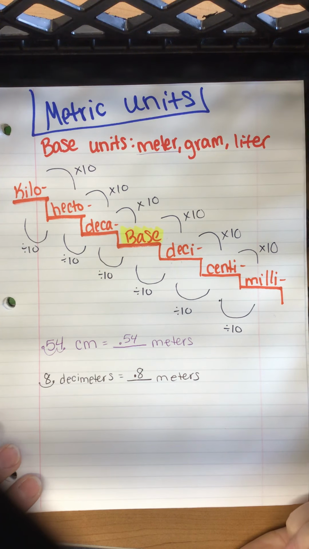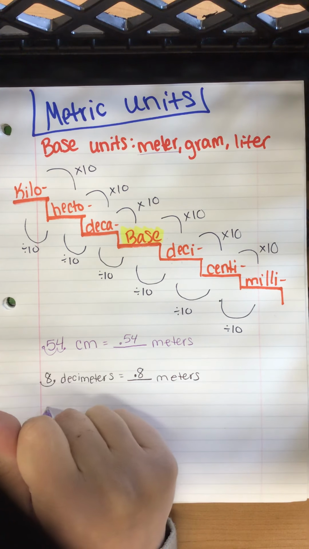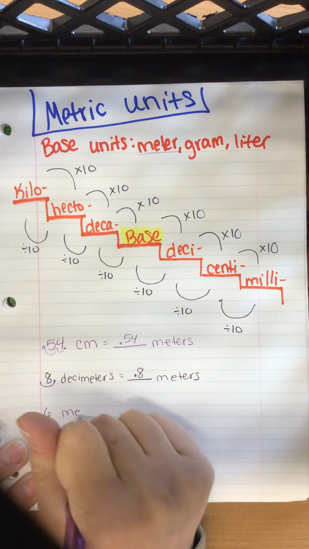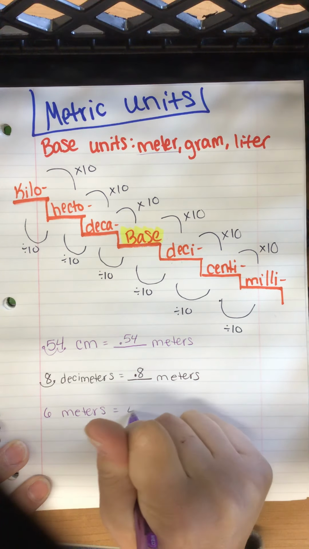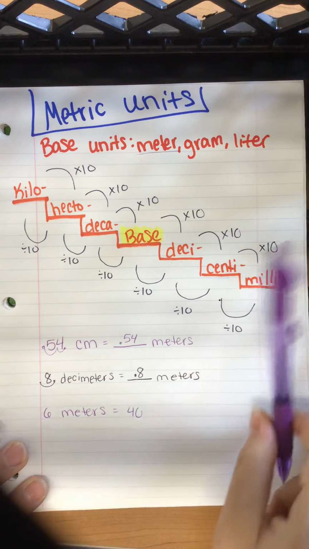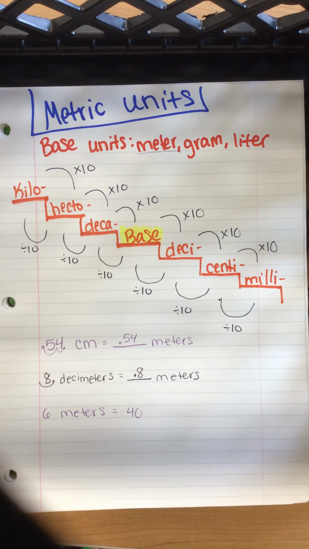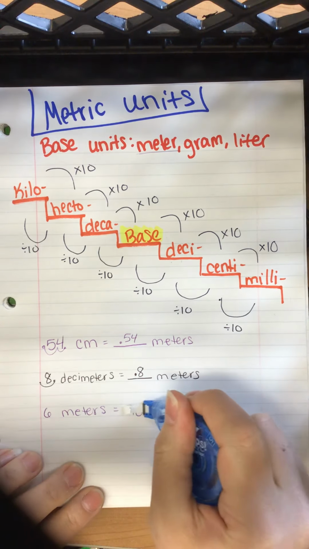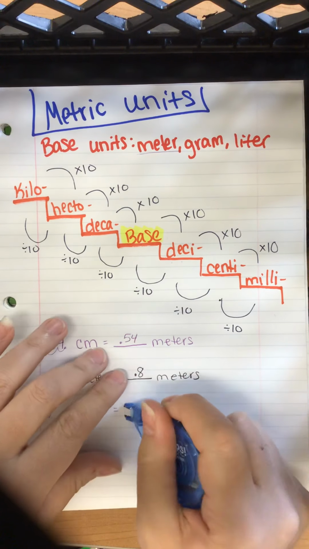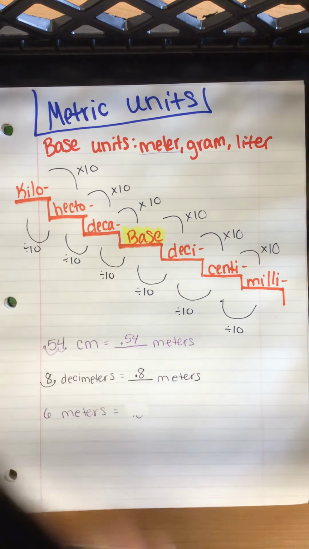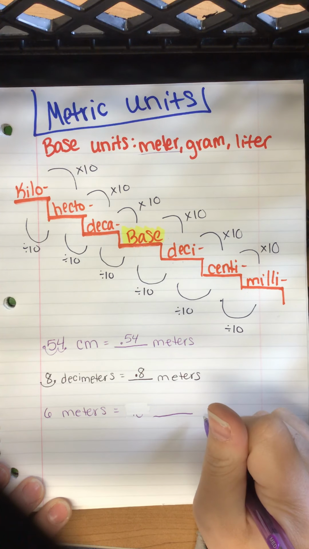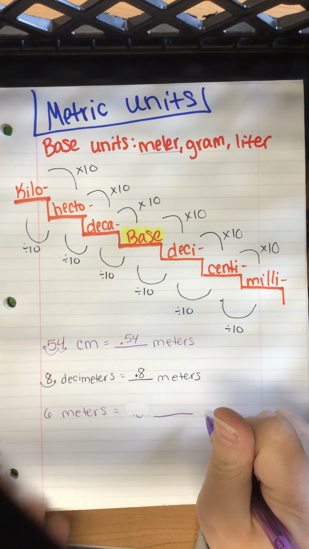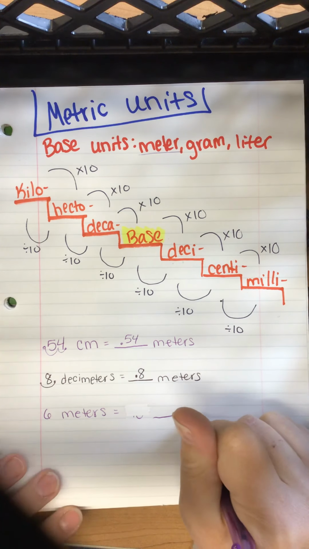What if we went from 6 meters, starting at the base, equals blank decimeters.